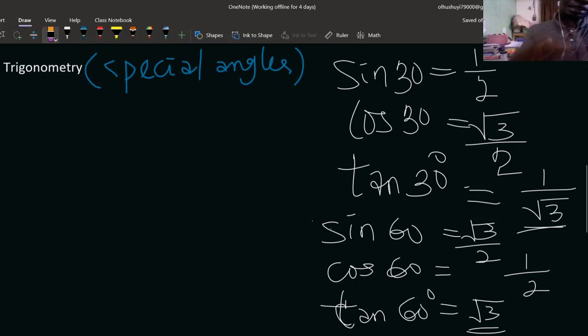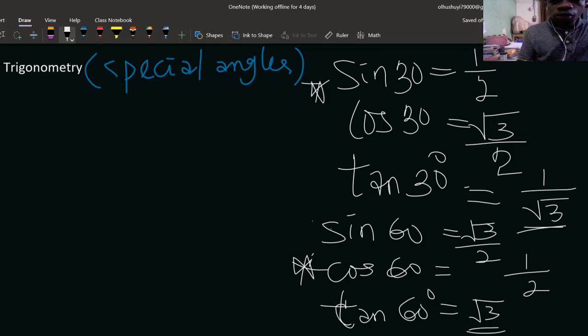The identity for these angles. We observe that our sine 30 is equal to our what? Sine 30 was equal to cos 60. Do you get that? So that is a trig identity you should identify there.